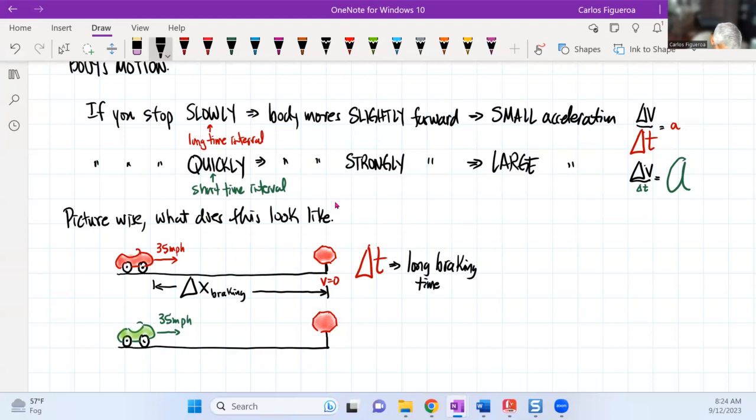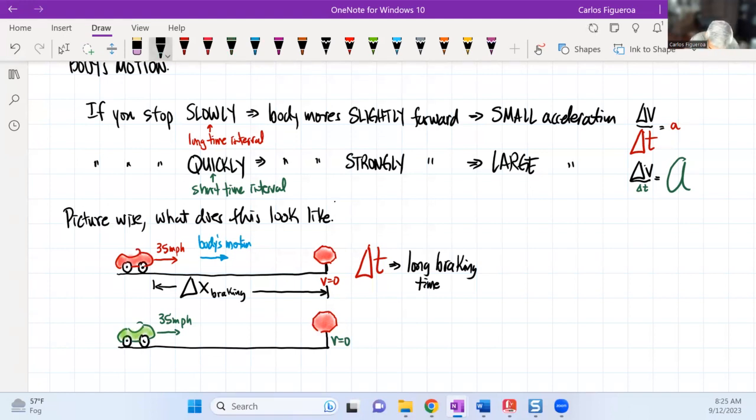So what does your body do? Your body's motion, let's say, moves in this direction, and we're going to say that this is the direction of your body's motion. You're moving in the forward direction as you're slowing down. You just feel that slow nudge here. So in this case, let's look at both of the cars. Both of the cars are going to want to stop at the stop sign.